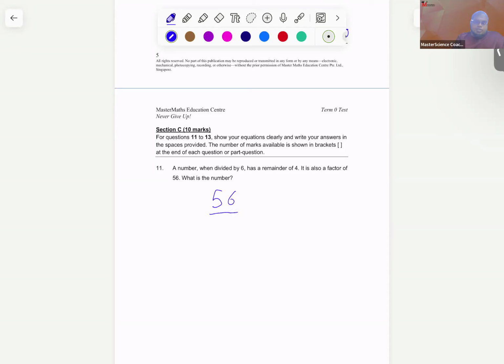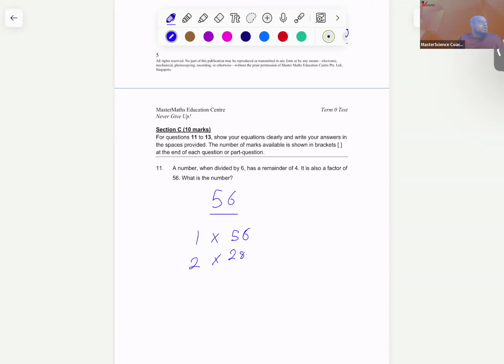So 56, 1 times 56. Now for big numbers like this, I recently found a faster way to do it. You firstly at least need to list down 1, 2, and possibly 3 first. So 2. 2 times what? 28.